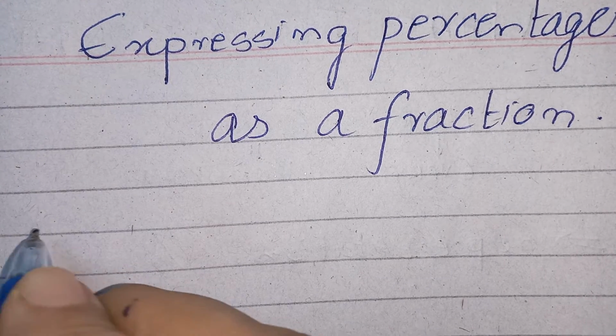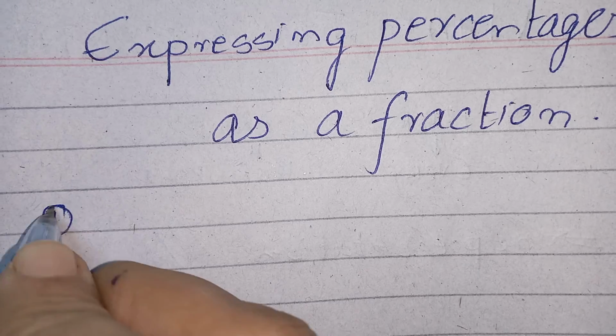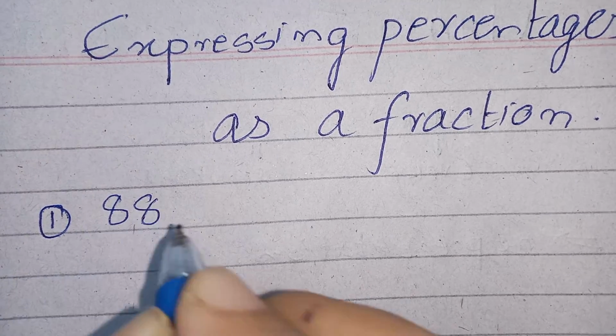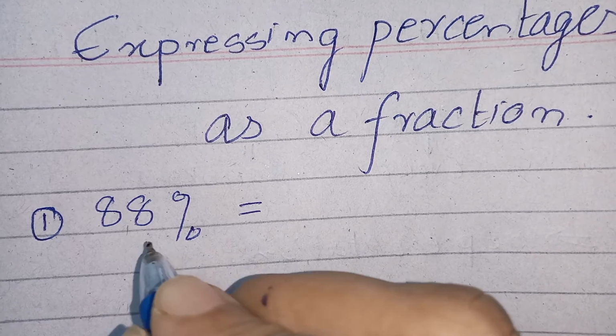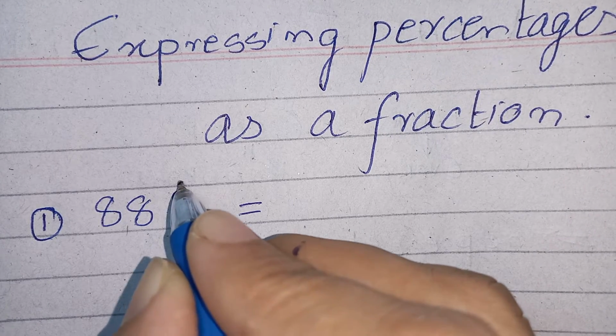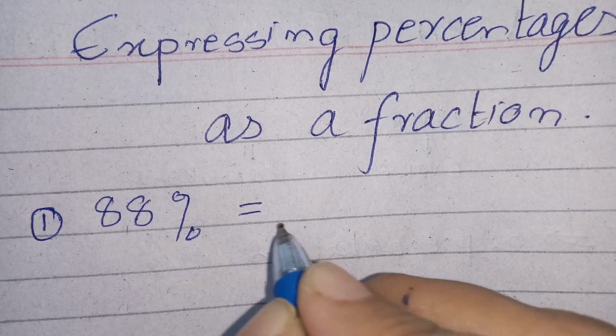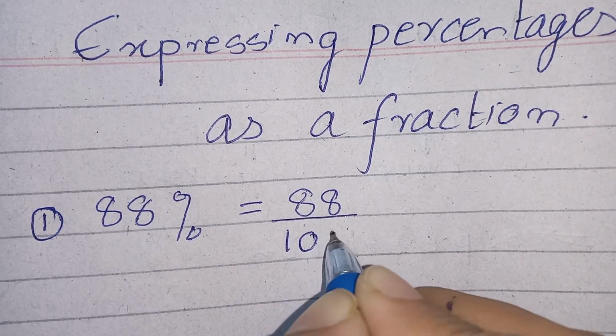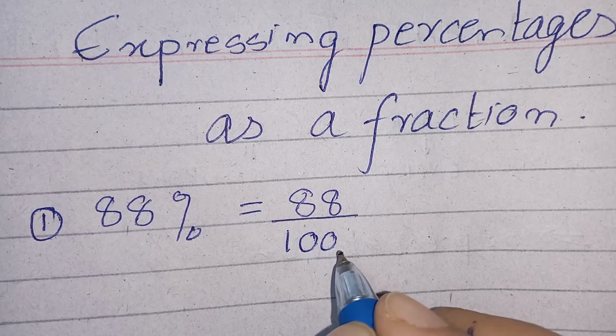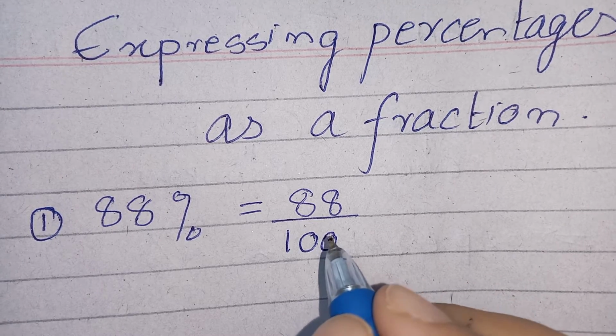For example, if you are asked to convert 88% into a fraction, we need to remove the percent sign, so we put 100 in the denominator and start reducing it.